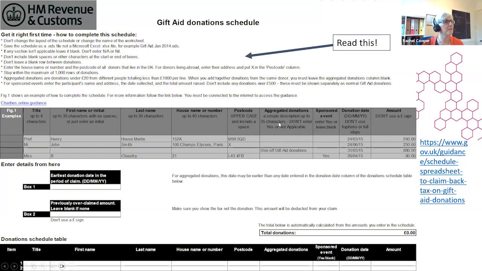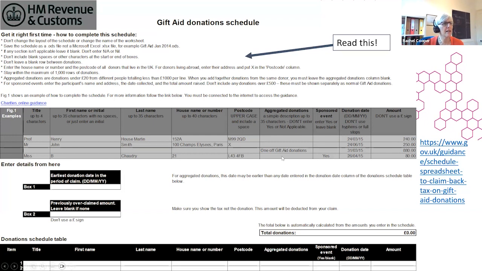One of the common errors is this aggregated donations thing: people don't really understand what it is or how to use it. So just check each time, remind yourself what it is, and it is covered up here. If you're doubtful about it, just go back in and check.